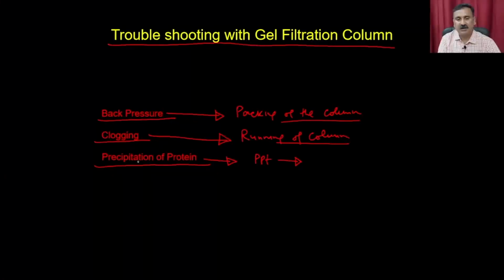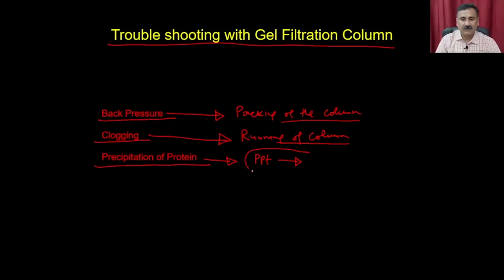So in those cases, you have two choices: either you wash the column with a harsh, high salt concentration buffer, or a urea-containing buffer, so that the precipitated protein is removed, or you have to dislodge the column, wash the beads, and then use the beads for repacking.